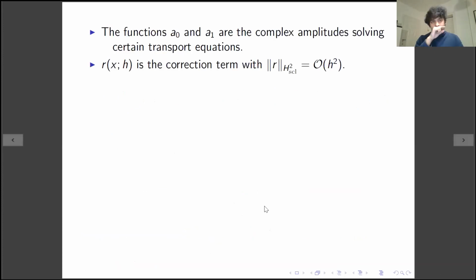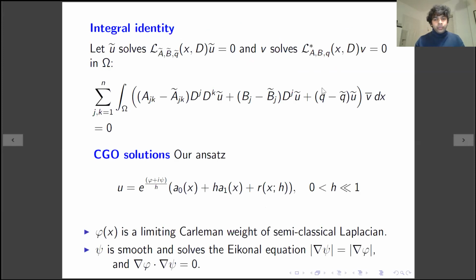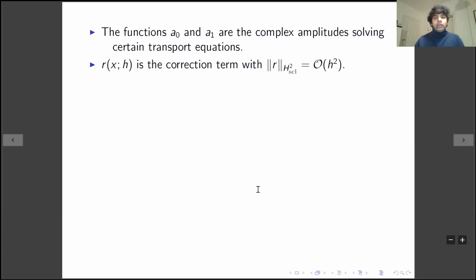So here is the thing. As I mentioned, A0, A1 are the complex amplitudes solving some transport equations, and R is the correction term. The R semi-classical L2 norm is of order h squared. I just want to mention here that we put h A1 just to make sure that R has this order h squared decay.